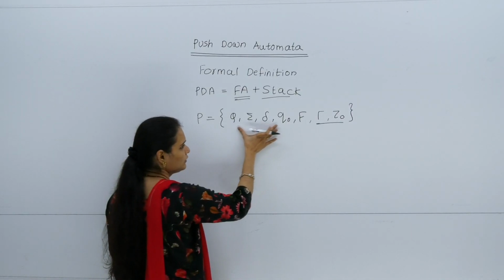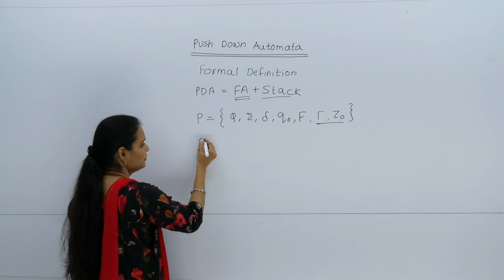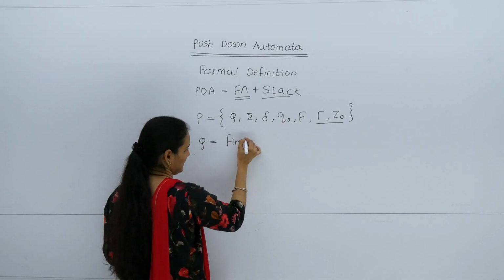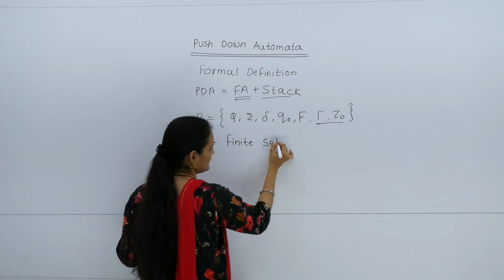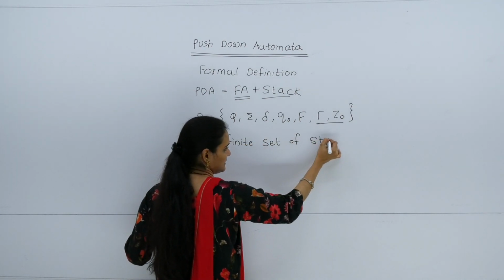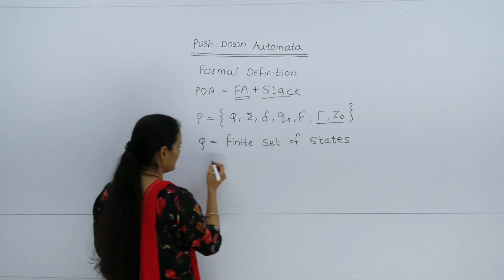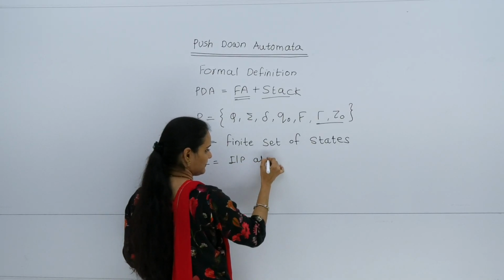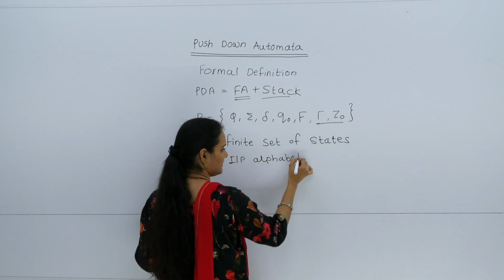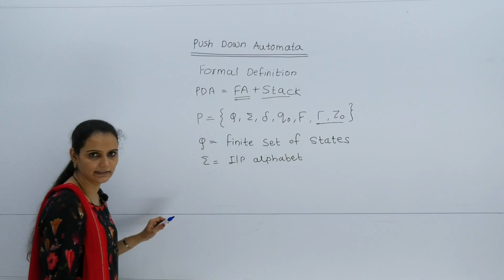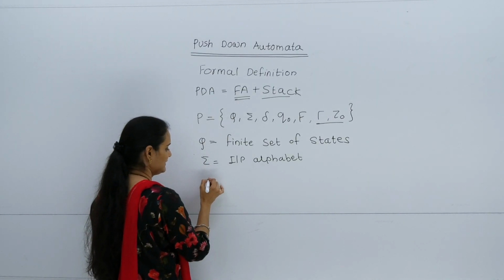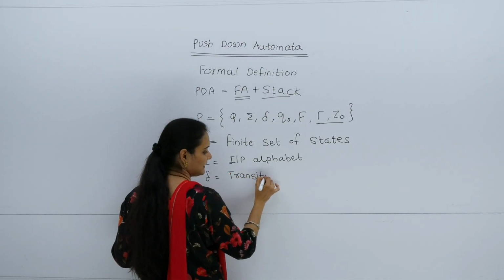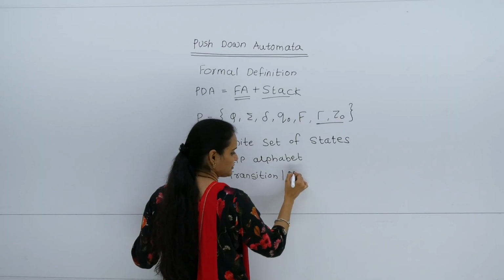So we already know about these 5 tuples. What is Q? Q is the finite set of states. Then sigma is the input alphabet. Null is also included in the sigma. Then delta is the transition function, or we can also call it a mapping function.